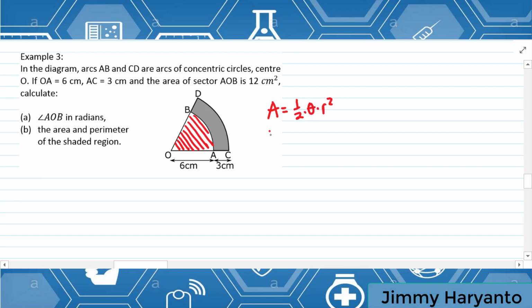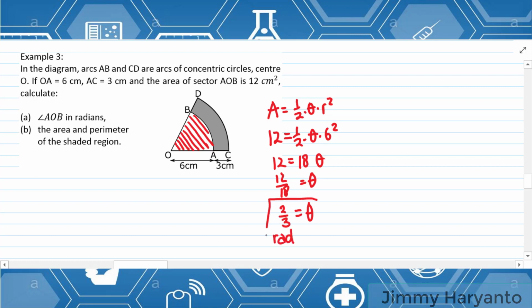So 12 equals half times theta, which we don't know yet, times the radius 6 squared. 12 equals 36 divided by 2, so 18 theta. So theta will be 12 over 18. Simplify, divide by 6, 2 over 3. So 2 over 3 radian is the angle.